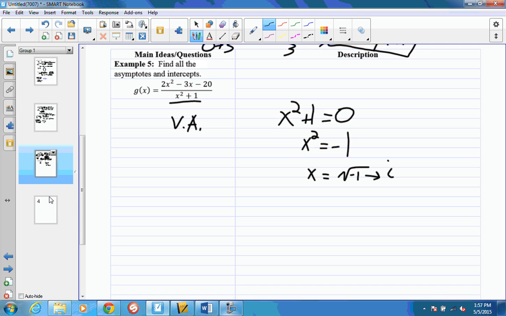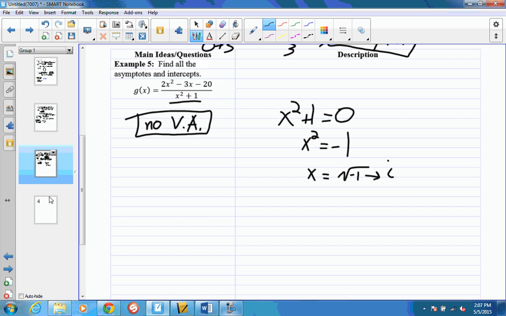So for asymptotes, but also for x-intercepts and y-intercepts, if you get unreal answers, I don't want them. I don't want i. So you wouldn't write no real solution for this. You would just say no vertical asymptotes. Okay? Because there's none that are real. Make sense?